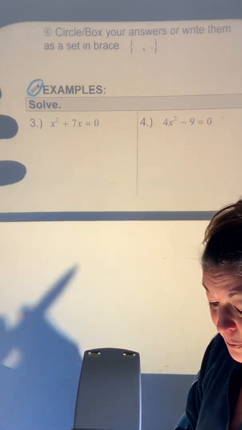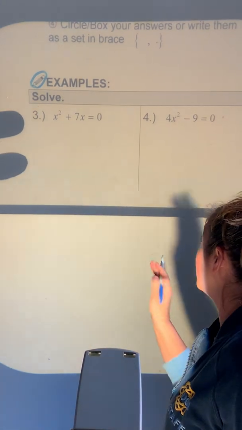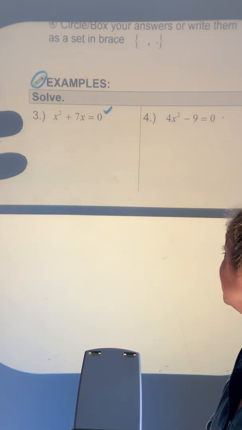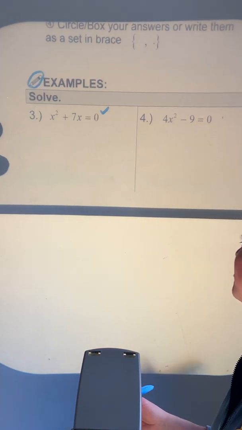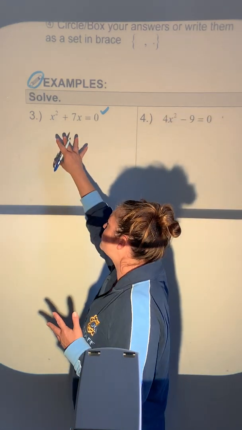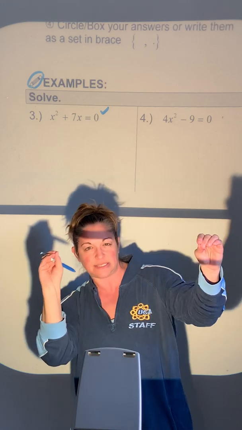So our first example here, if we think about our steps, we want to make sure that it's already set equal to 0, which it is, so check. Now we want to factor. The first thing I notice is that I only have 2 terms, so there's not that whole x and a times c and b.